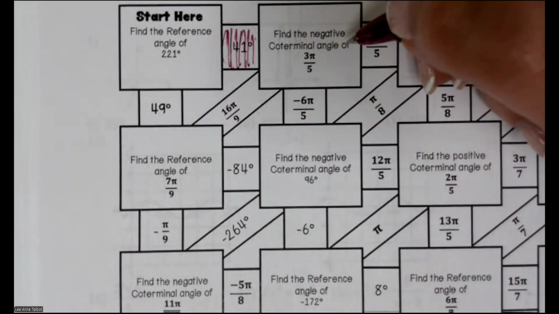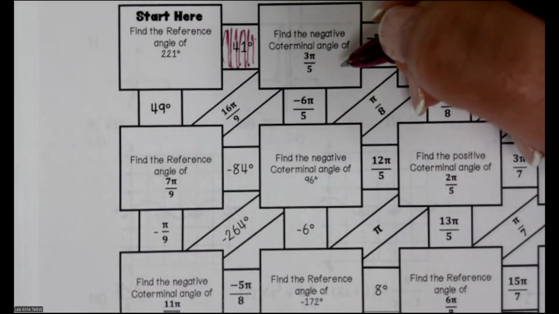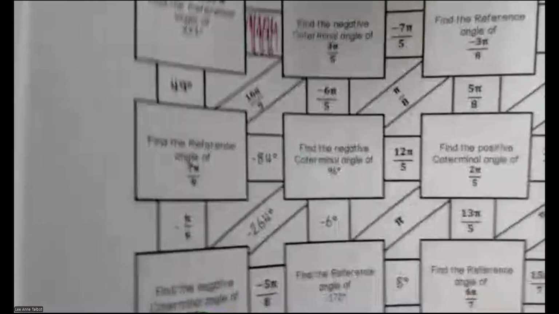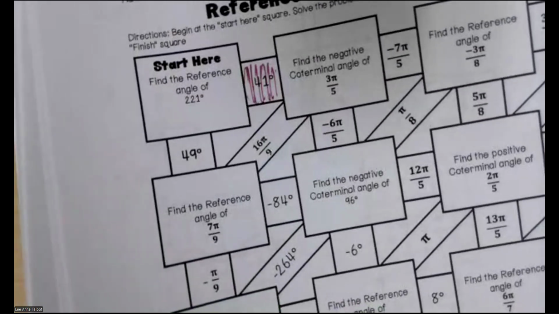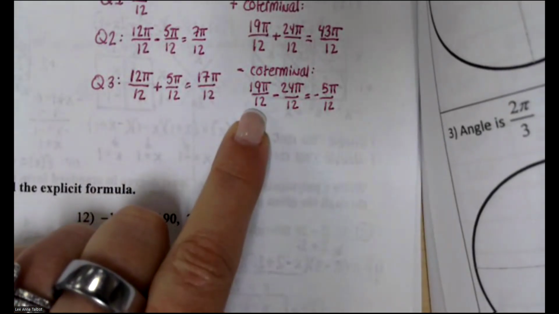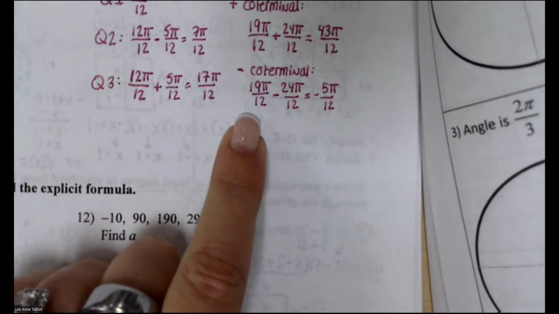Okay. Find the negative coterminal angle of 3 pi over 5. So I'm going to flip to my notes, which is warm up number 10, because I'm in radians. Negative coterminal. What did I do to find negative coterminal in my notes?